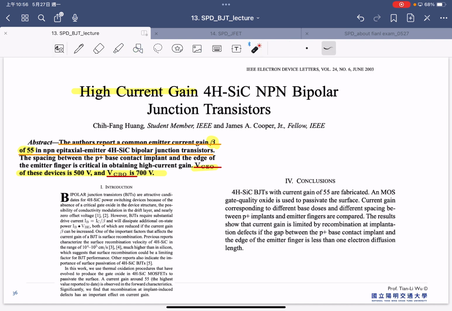Also, we can go for some details here. Bipolar junction transistors are attractive candidates for power switching devices because of the absence of critical oxide. That means there's no gate oxide, and also they are very good for conductivity modulation and have near-zero offset voltage.